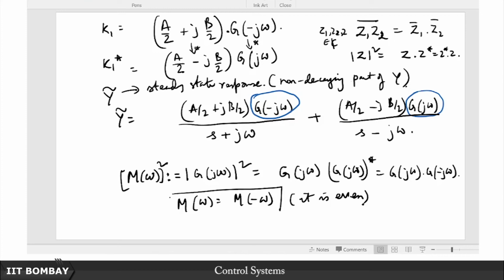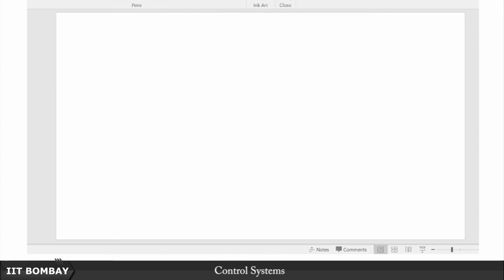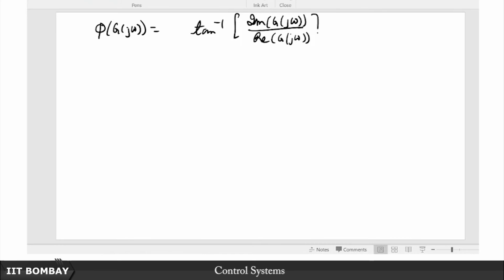So we notice that. What about the phase of this complex number? Let us say we have phi of g j omega, that is going to be nothing but the tan inverse of the imaginary part of g j omega divided by the real part of g j omega.